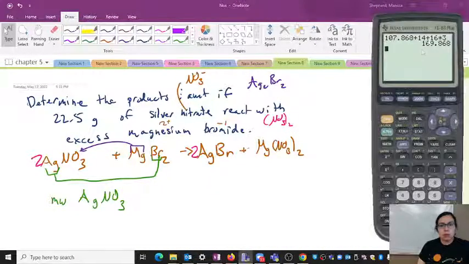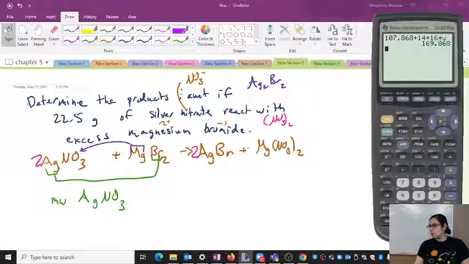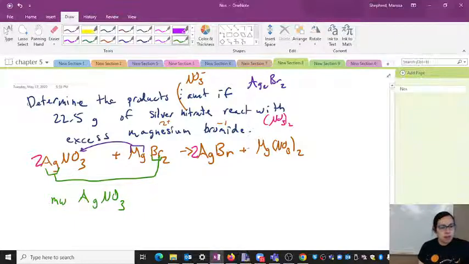So did we get like 169 or so for the molecular weight of silver nitrate? I see one nod. So now we have our molecular weight, so 169.868 grams per mole.